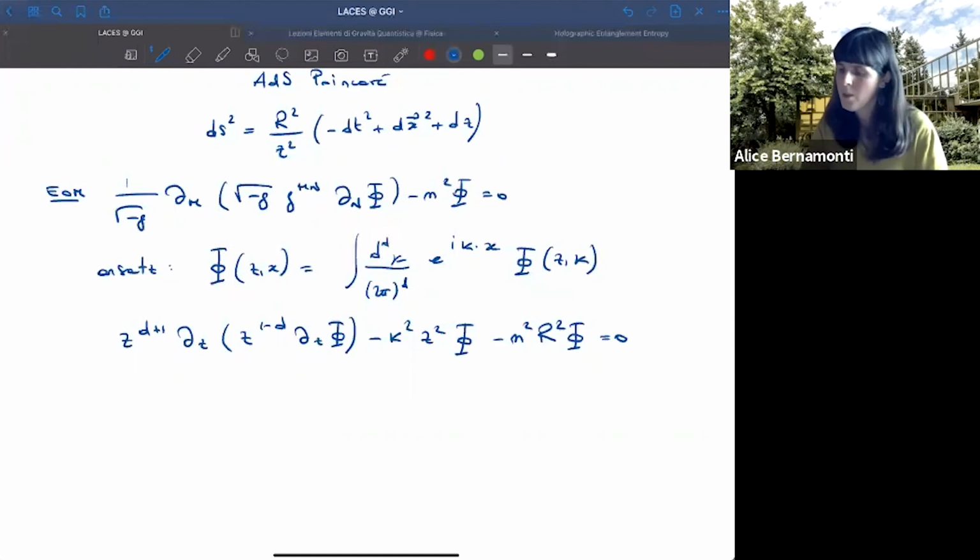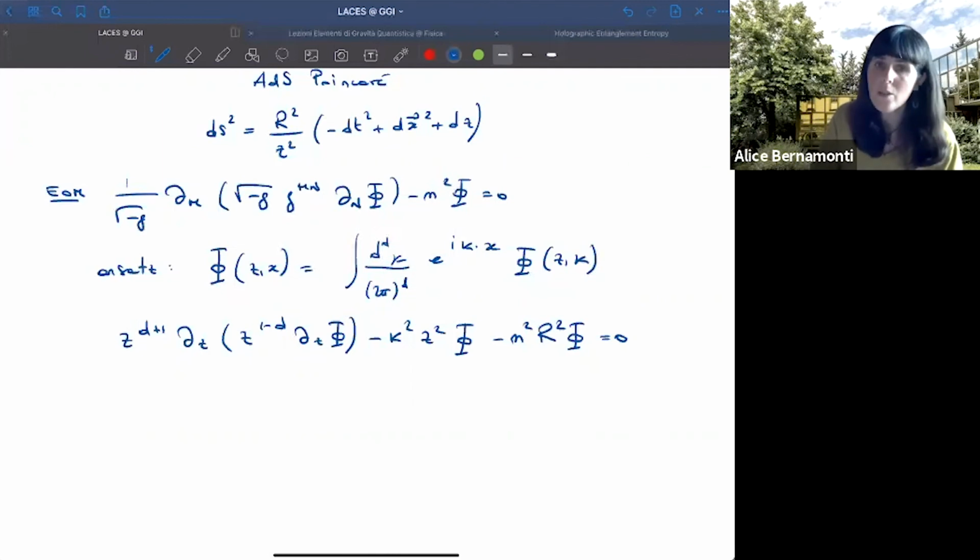But for the moment, we actually do not need to solve exactly this equation. What we just need for the moment is to consider the asymptotic behavior of the field close to the AdS boundary. So we just look at how the equation and its solution behave as z goes to 0.